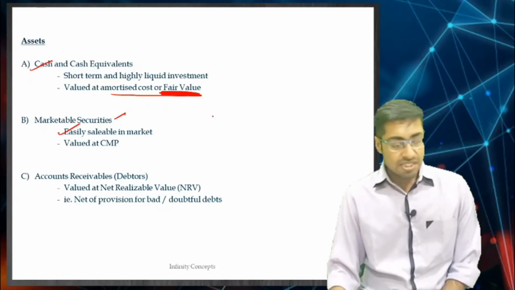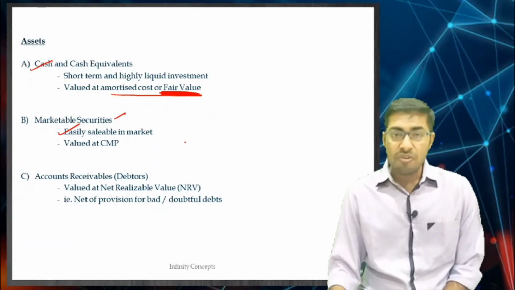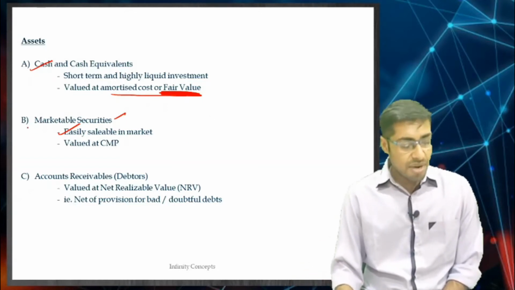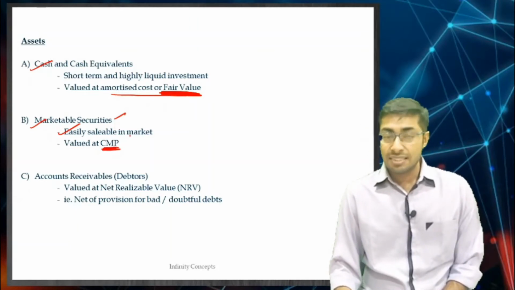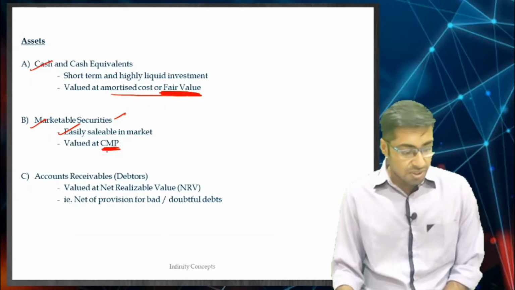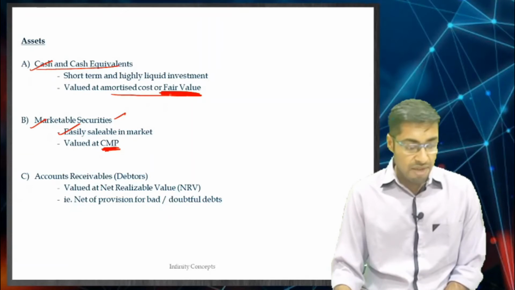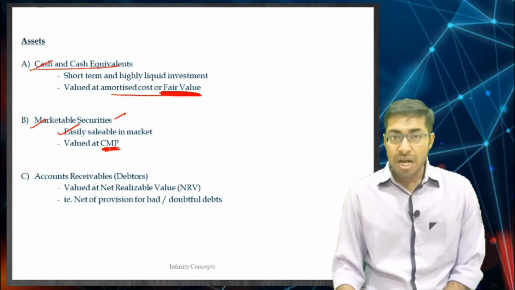Say for example, some highly liquid mutual funds, some highly liquid sovereign debt, all of them are highly liquid in nature, and those will be marketable securities. They are valued at current market price. Okay. This is one particular thing you need to know, the valuation. So cash and cash equivalents will be valued at amortized cost or fair value. Marketable securities will be valued at current market price.